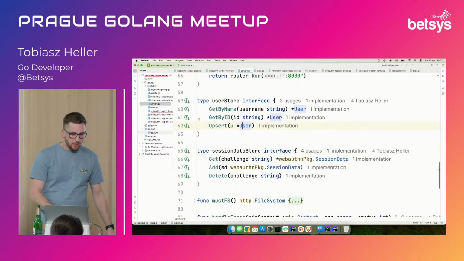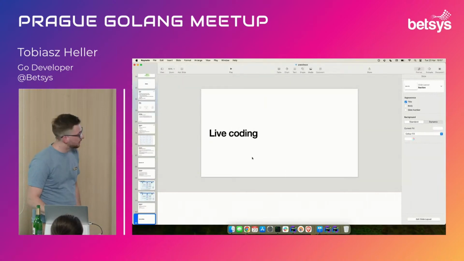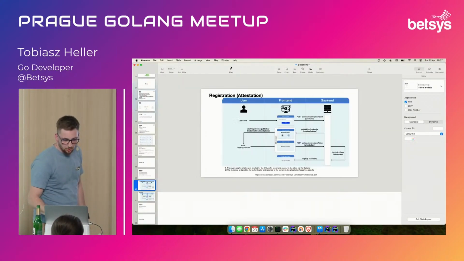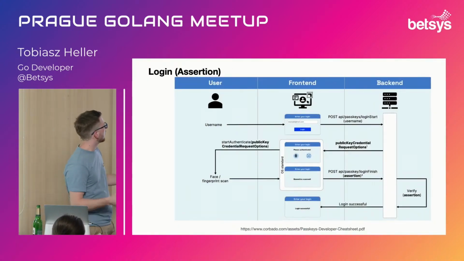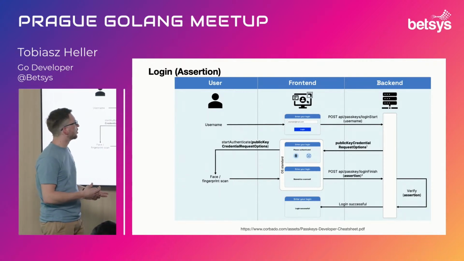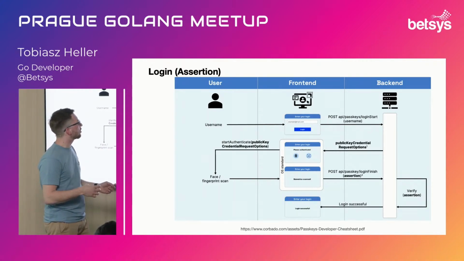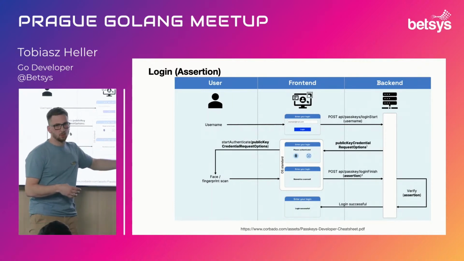And the other store is the session data store. It has 3 methods: get, add, and delete. And maybe if we go back here, because as I mentioned previously, each operation, each ceremony, either login or register, consists of 2 operations. So we are starting login here, and then we are validating. And the session data should store the data which you're creating here, and then you are using it on the validation.